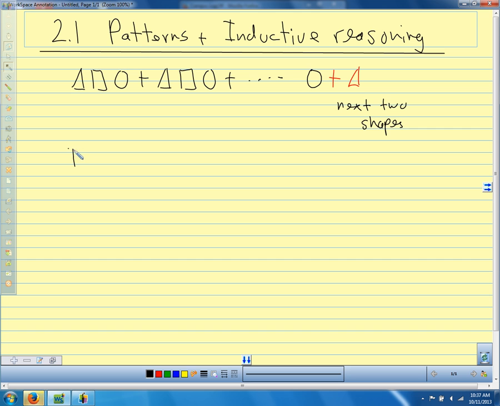So that's what this section is about, and that's what we use to figure out our opener. Inductive reasoning is based on observation or experiment.